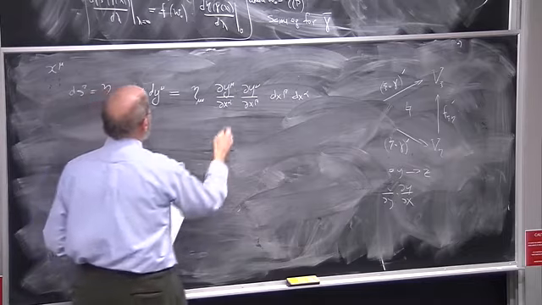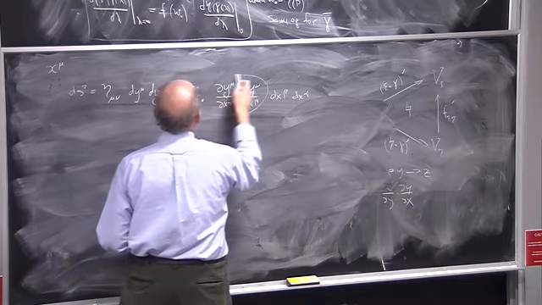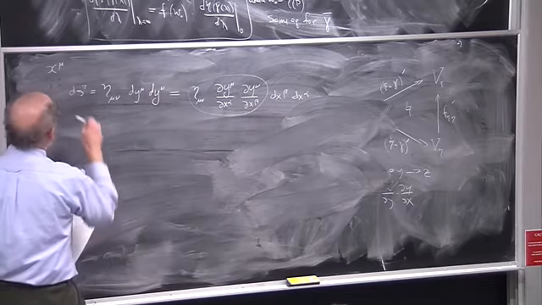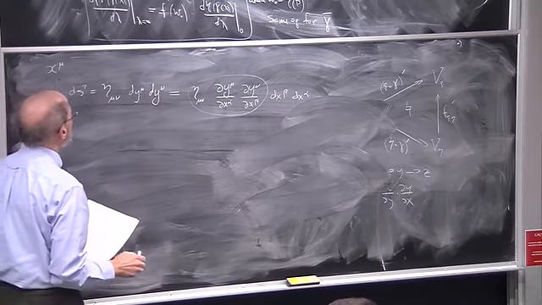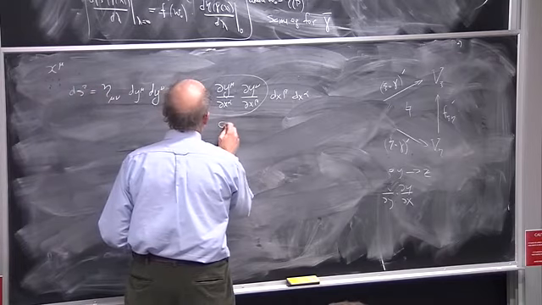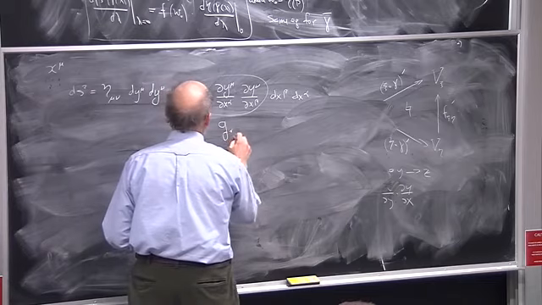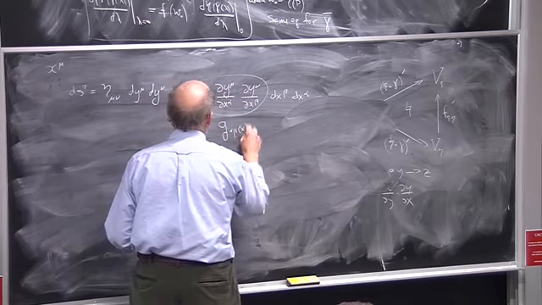So in this arbitrary chart x, the expression for ds² takes this form, and this we give a name. We call this the metric components, in this case, of the metric tensor at x.